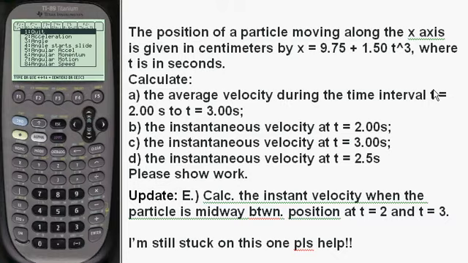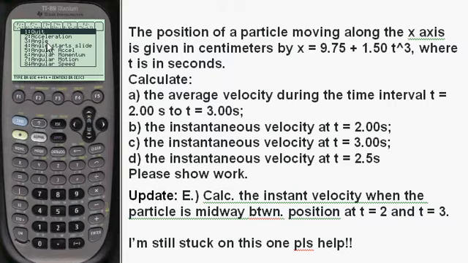We're going to get to velocity because that's what they're asking. So let me go to the velocity in the menu. Velocity is at the V. This is the A section of my physics menu.